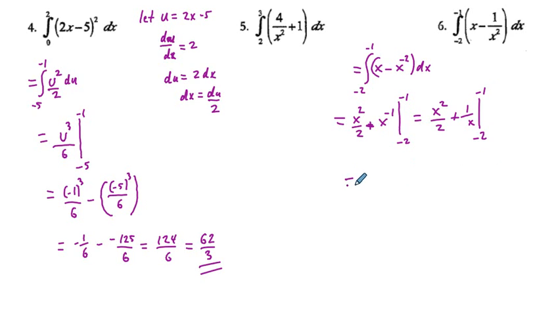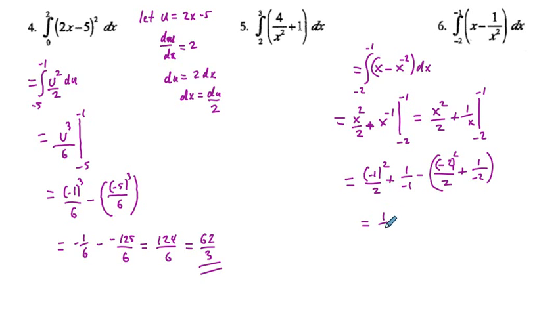And so now just working below here, we're going to have negative 1 squared over 2 plus 1 over negative 1, minus, I'm going to take negative 2 in the place of x, squared over 2 plus 1 over negative 2.